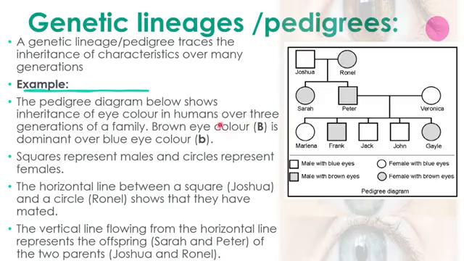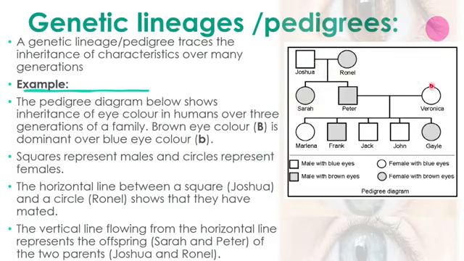Runel's got brown eyes and Joshua's got blue eyes. Now in the example, they tell you that blue eyes is recessive and brown eyes is dominant. So what I normally tell my learners, if you get a diagram like this, it's very important to quickly go and write down all your recessive characteristics.